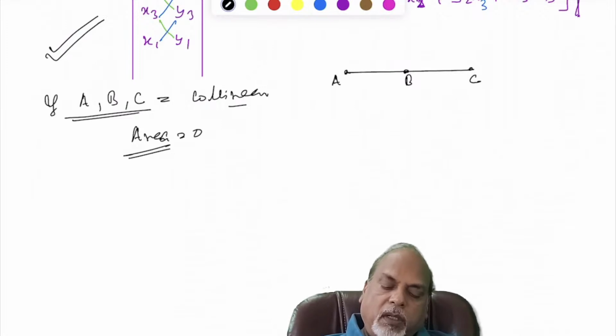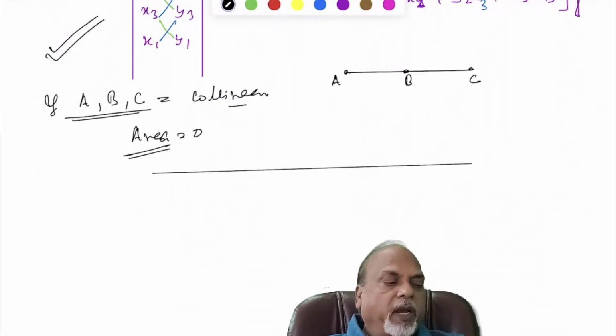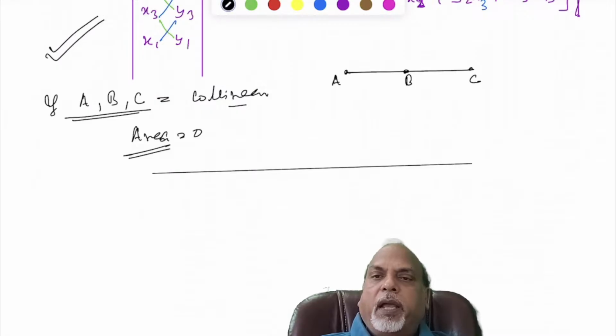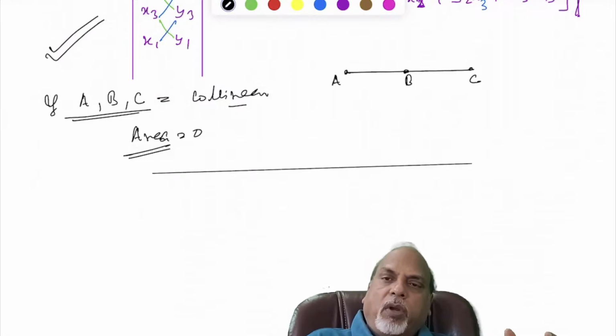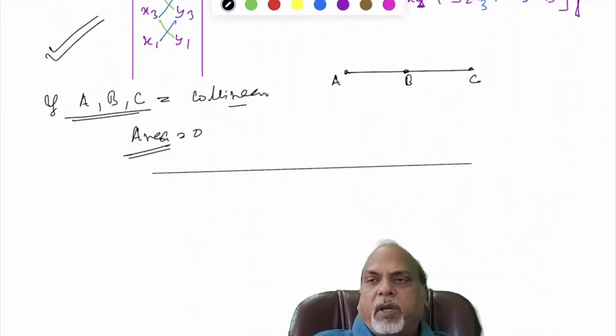Next, in the lecture, we are going to take up more important things, like the area of a polygon. So far we have studied how to find the area of a triangle; next, the area of a polygon. What is the stair method of finding the area of a polygon?